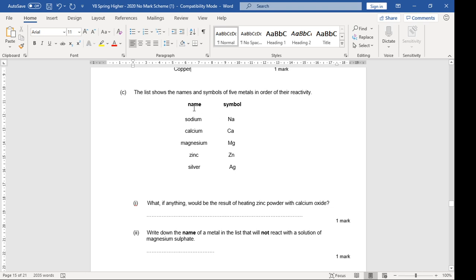We've got some other metals then, displayed in terms of their reactivity. What, if anything, would be the result of heating zinc powder with calcium oxide? Well, zinc powder is less reactive than calcium, and calcium's already bonded to the oxide, so the zinc wouldn't be able to displace this, so there won't be a reaction.